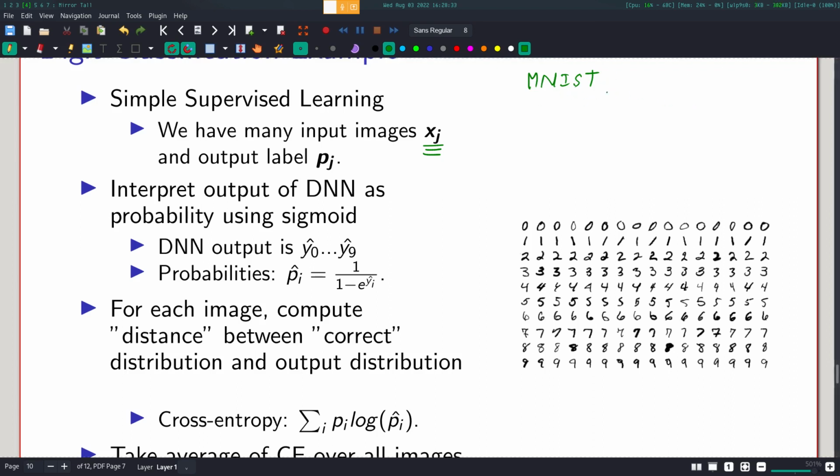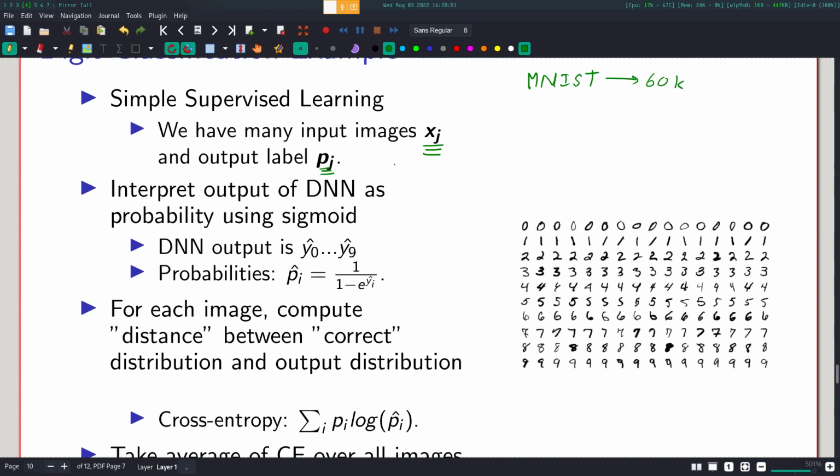So it's a labeled data set of handwritten digits. I think it's got around 60k images in there. Then similarly we have an output label for each one of them, and this output label tells us what digit it is.